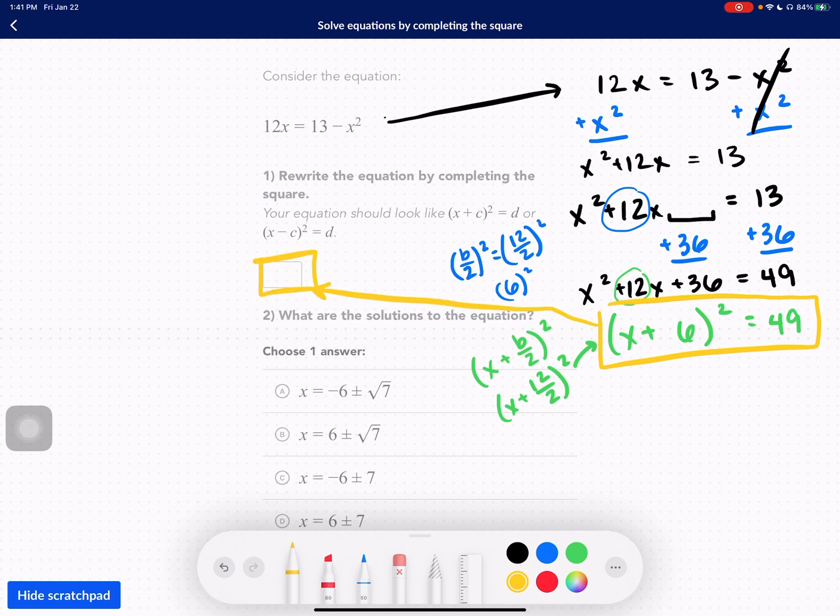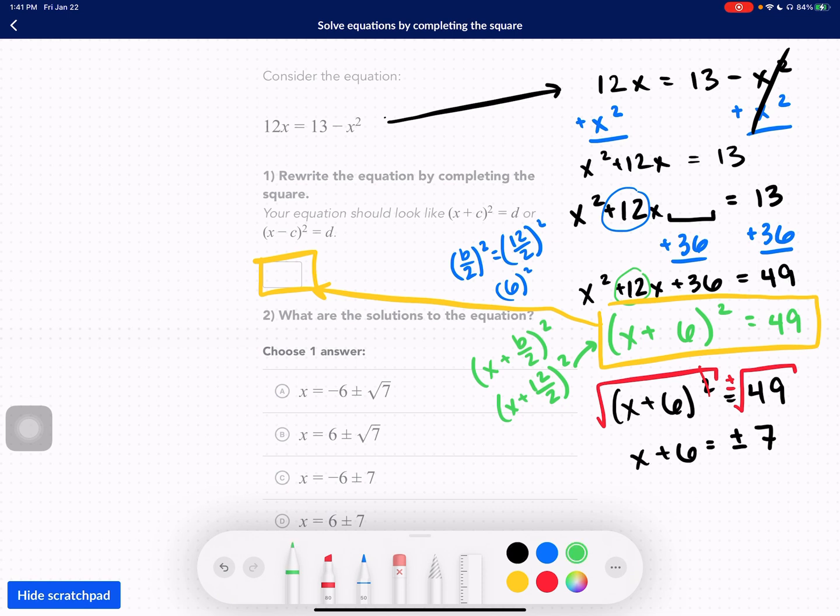Okay? So I'm just going to rewrite that. So we have x plus 6 squared equals 49. So let's take the square root of both sides to get rid of that squared. Square cancels out. We have x plus 6 equals plus or minus root 49. The square root of 49 is 7.